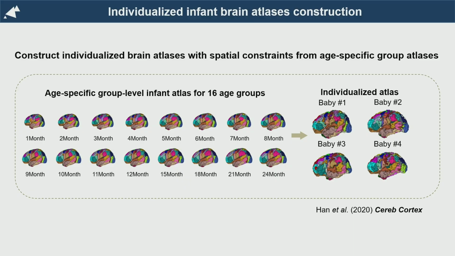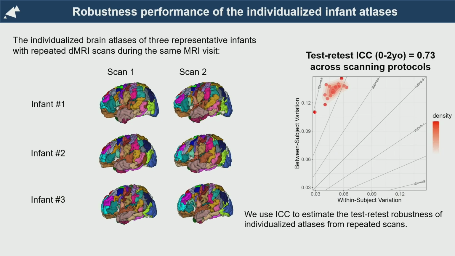Then we also construct individualized brain atlases with spatial constraints from the newly proposed age-specific group atlases. First, we use ICC to estimate the test-retest robustness of the individualized atlases from repeated scans. We can see in this map, the ICCs are quite consistent across different age groups, with a mean ICC equal to 0.73.